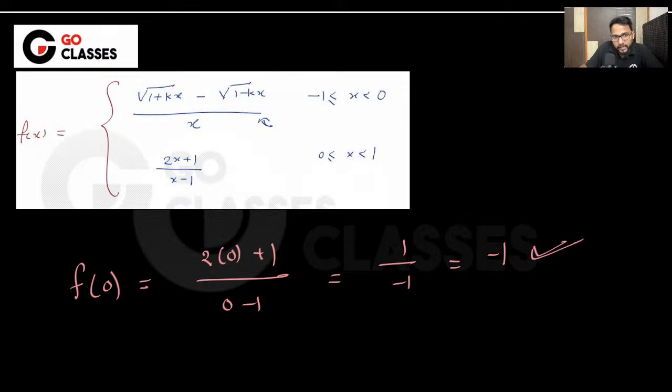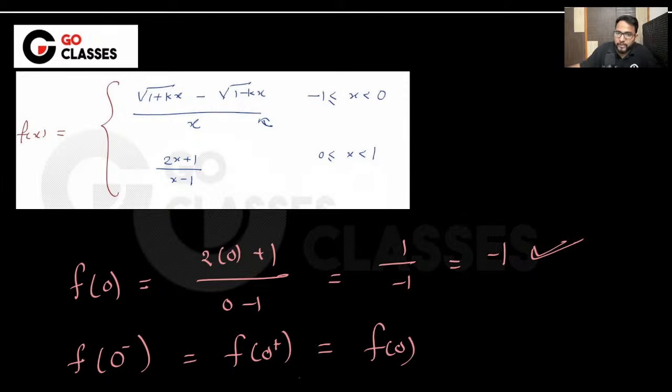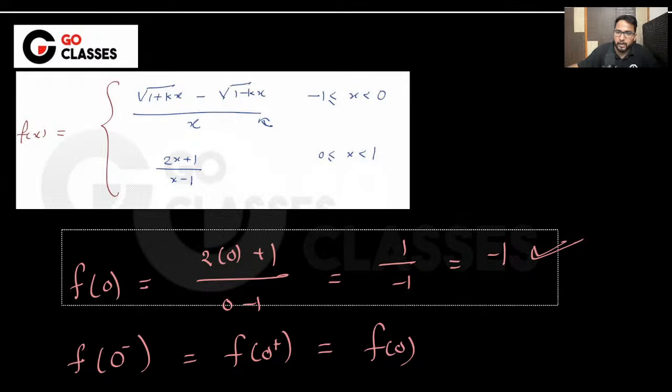Now we want to check continuity, which means we also want to check just before 0 and just after 0. Are these values the same, which means the limit exists, and is this also the same as f of 0? I hope that is fine.